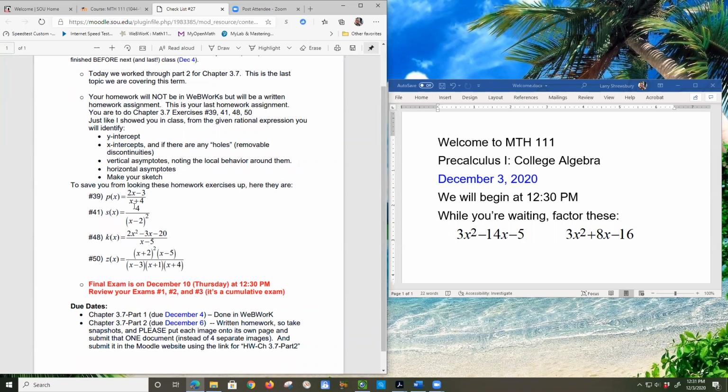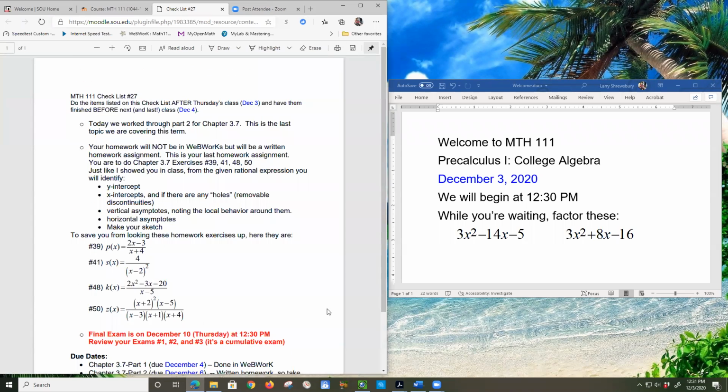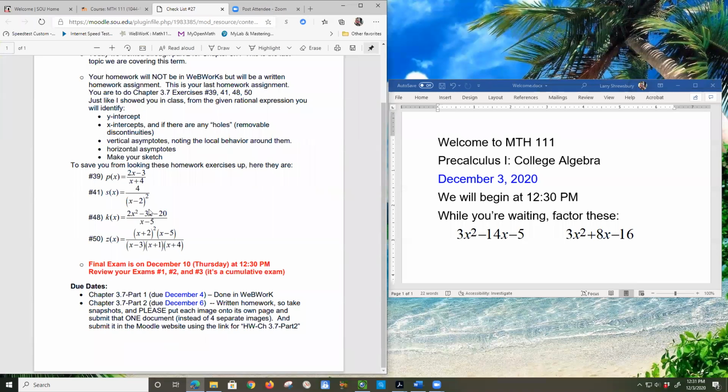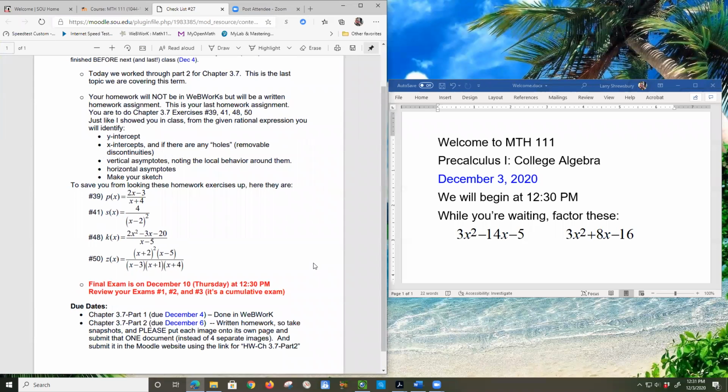I actually put them in the checklist for you, so you don't have to go into the textbook and look them up. Just get your checklist and the 4 problems are right there. So I'm going to be working through problems just like this today, showing you exactly what you'll be doing in this homework. And this is your last homework assignment.